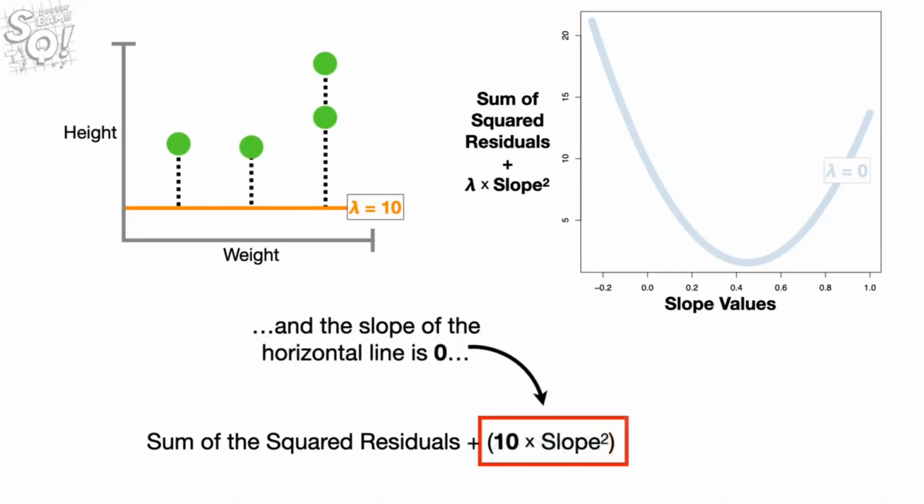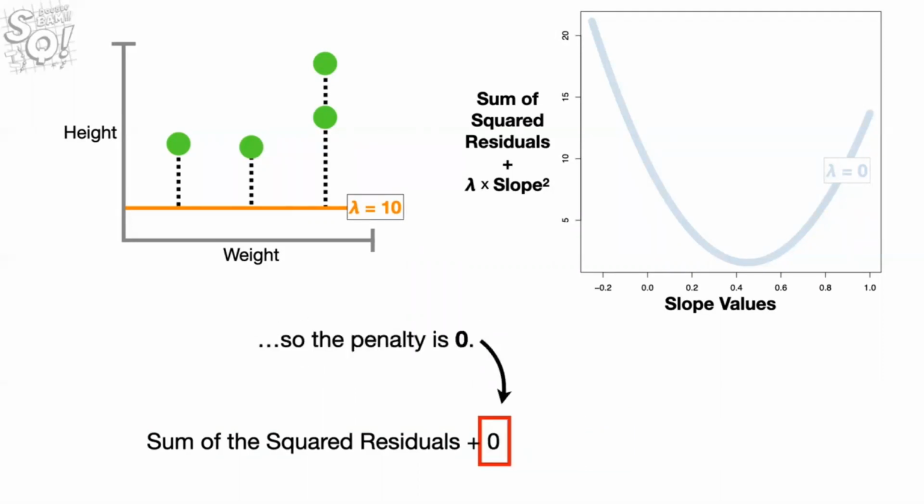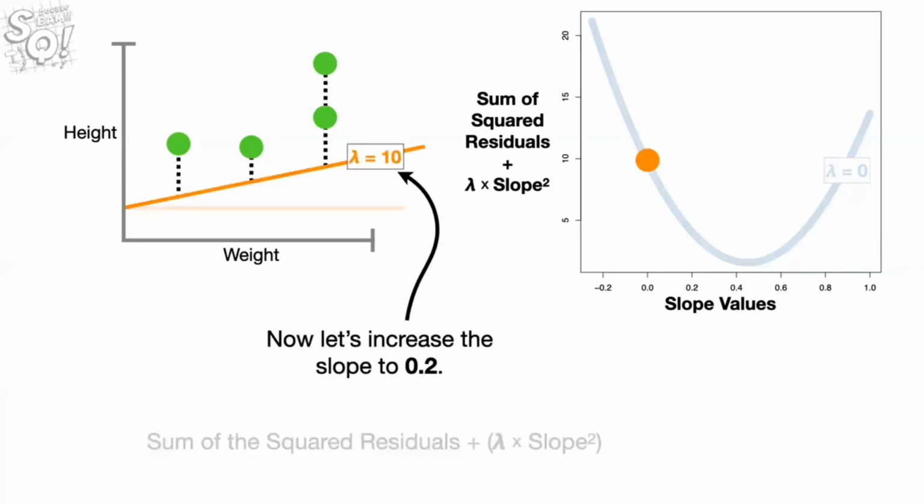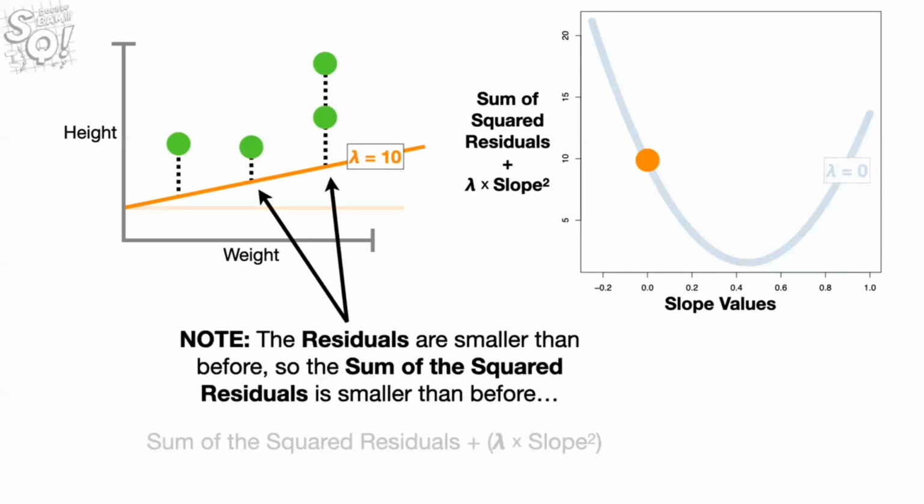So for lambda equal to 10, since slope is 0, you'll get the same point as you get on the blue curve, right? So now, repeating the same procedure, we increase our slope, and let's say we increase our slope to 0.2.